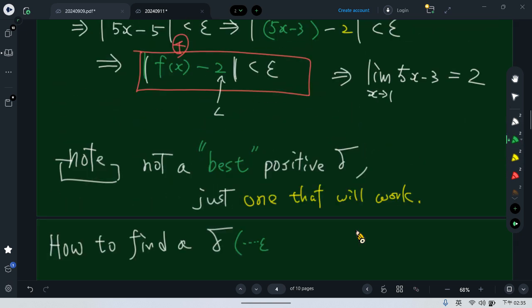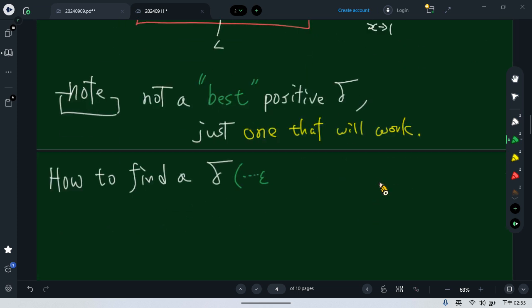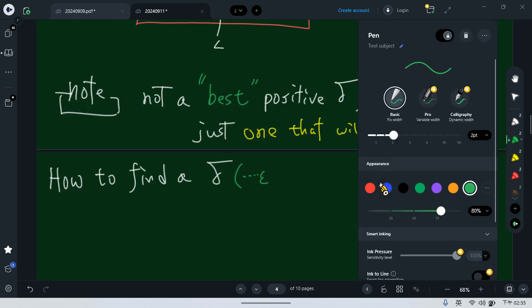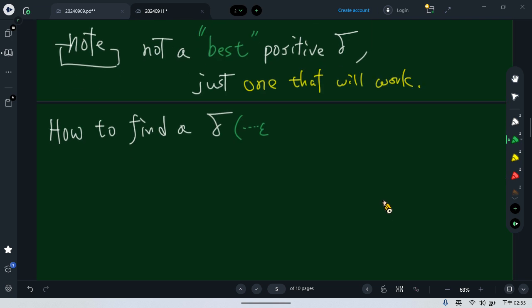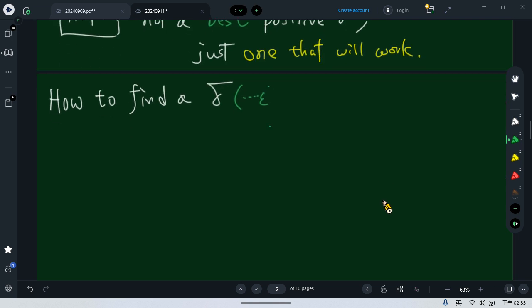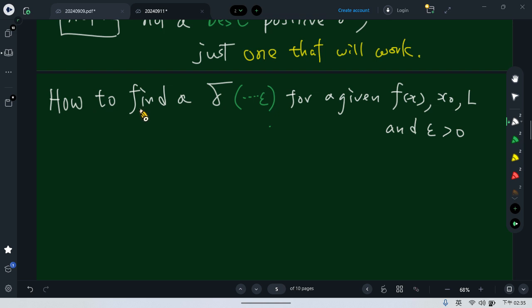But in the beginning, we just don't know what is the relation between delta and epsilon, right? For a given f of x, s0, L, and epsilon. So try to find one.